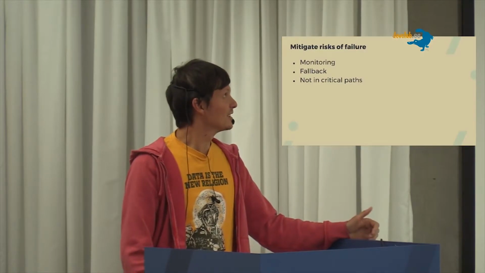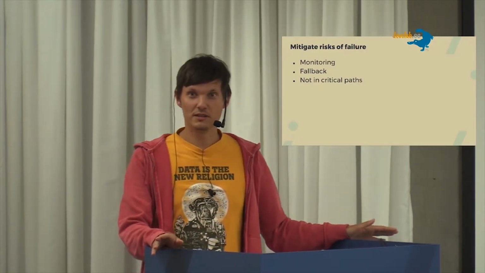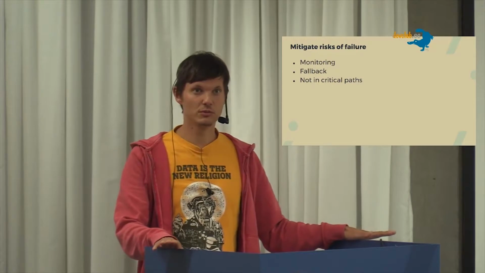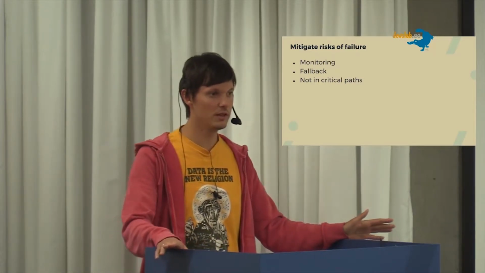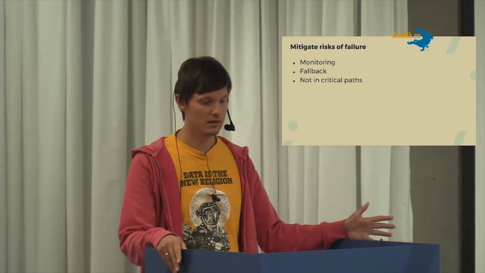Okay, but don't try it at work. The only thing that we needed to do is actually to smartly mitigate risks. So we needed proper monitoring of models that are running to see how they perform, what is their latency, speed, and actually the accuracy they give.